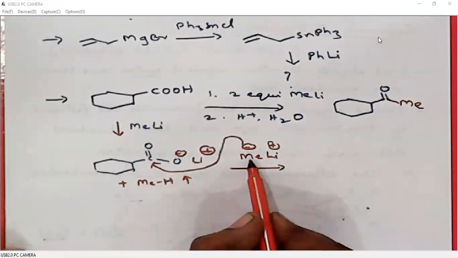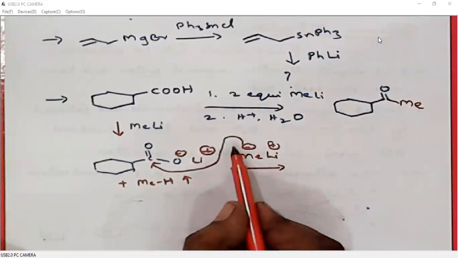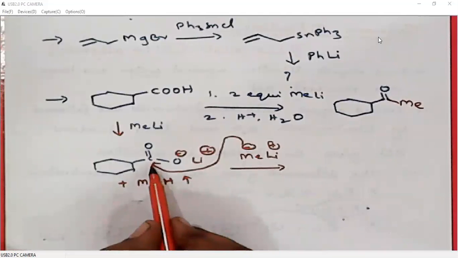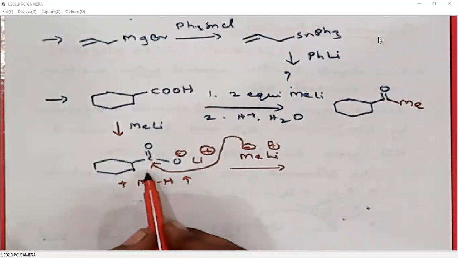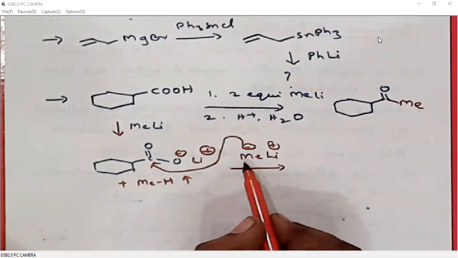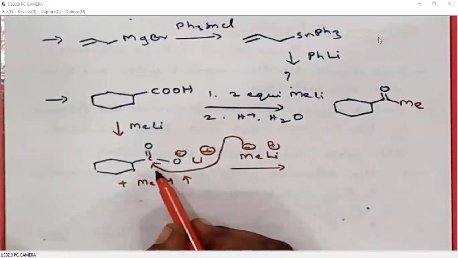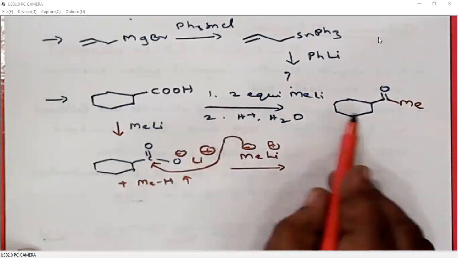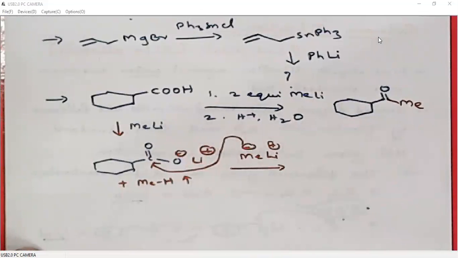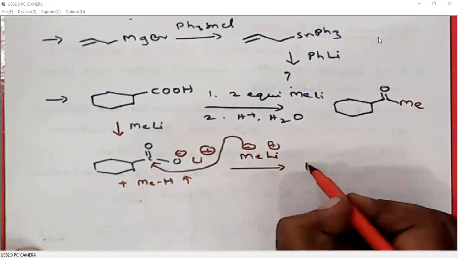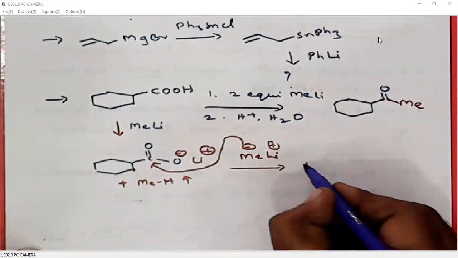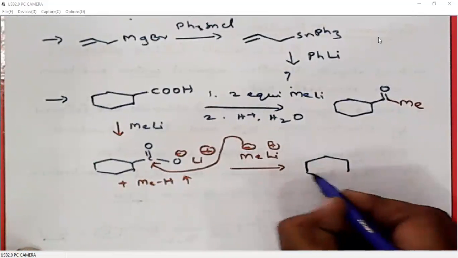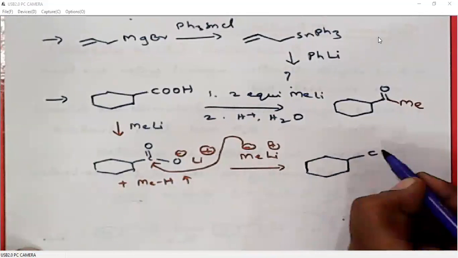Alkyl lithium reagents are strong nucleophiles, so they will undergo nucleophilic addition to this carboxylate ion. But Grignard reagents are not strong enough to add to the carboxylate ion. So this conversion with the Grignard reagents is not possible, but it is possible with alkyl lithium reagents because they are very strong nucleophiles compared to Grignard reagents.